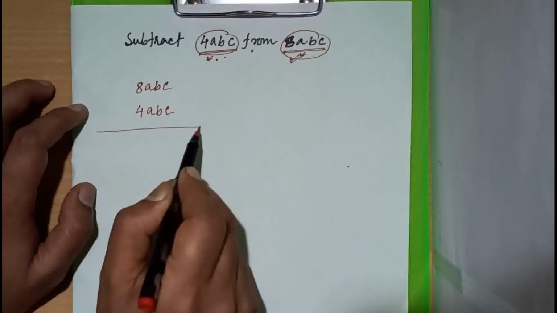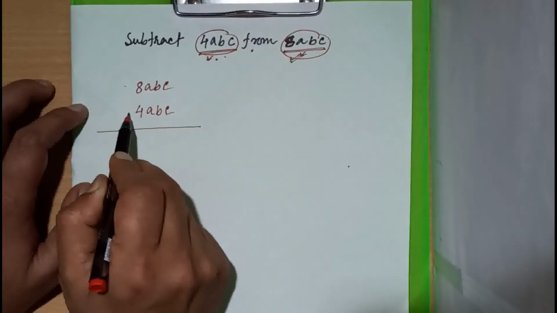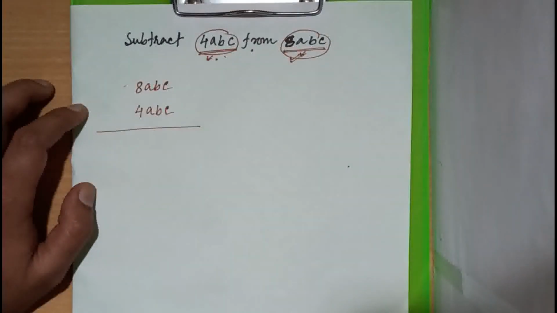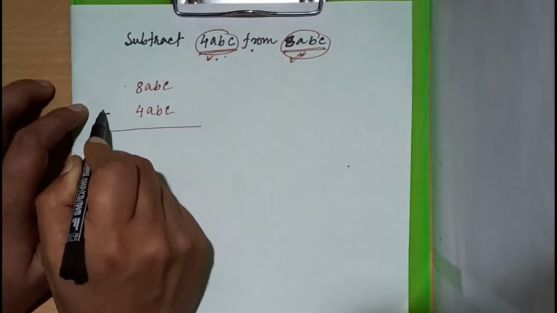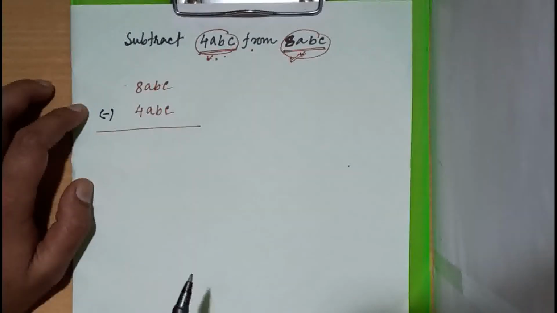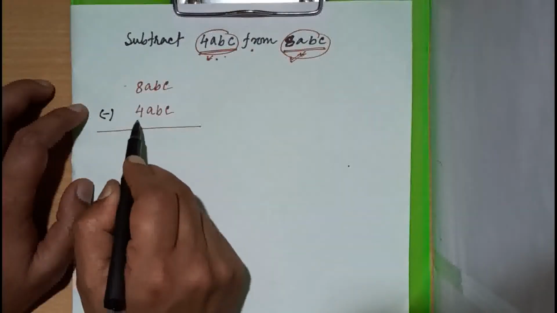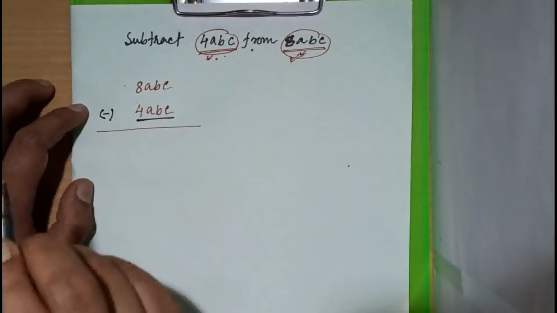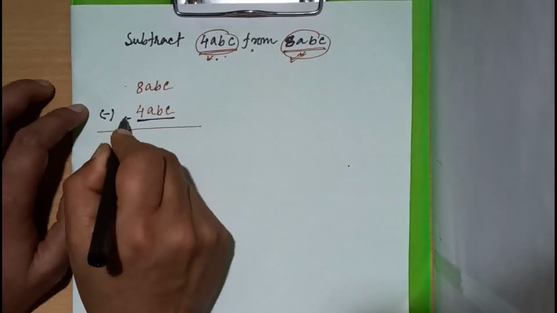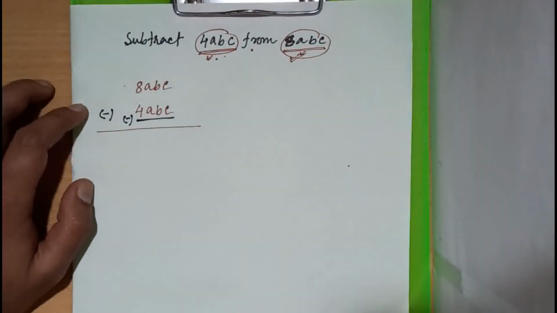Now you can see both are positive. Now you are going to subtract them. If you subtract, the sign of this term will be changed. It is positive, now it becomes negative.